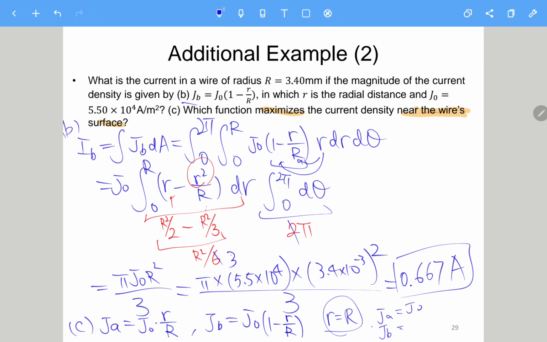And then for JB, if R equals capital R, this is 1, 1 minus 1 is 0, so this is 0. Which means that this one maximizes the current density, so JA.